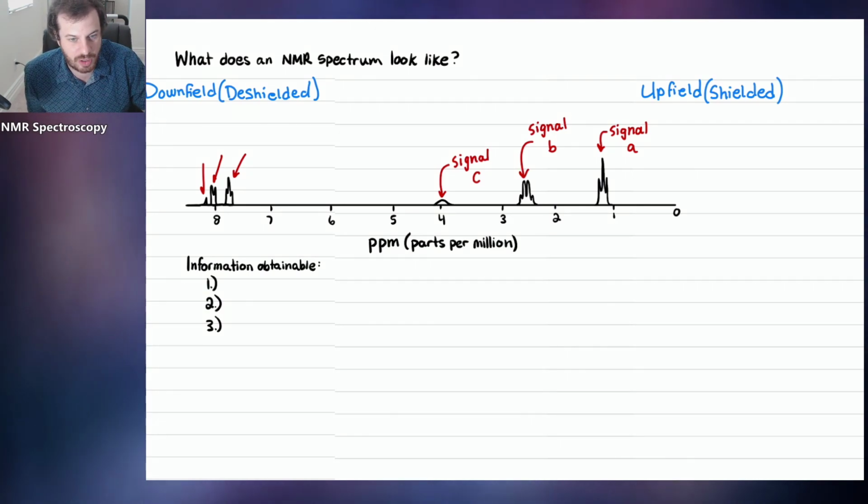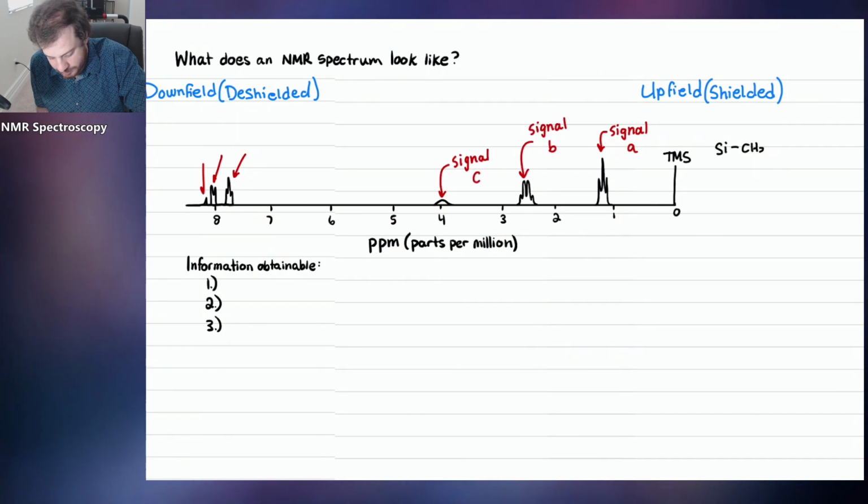Oftentimes, these NMR spectra are calibrated, and they set 0 equal to the signal produced by a substance called TMS, which stands for tetramethylsilane, which has the following structure. It's silicon with 4 methyl groups on it. So that's tetramethylsilane.